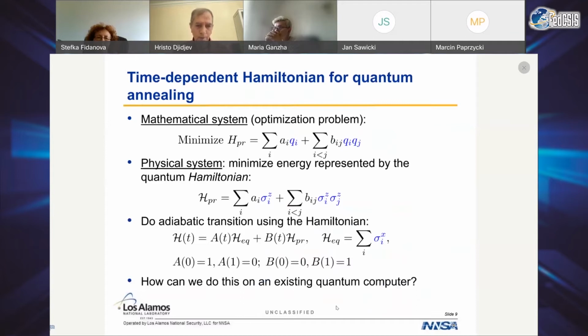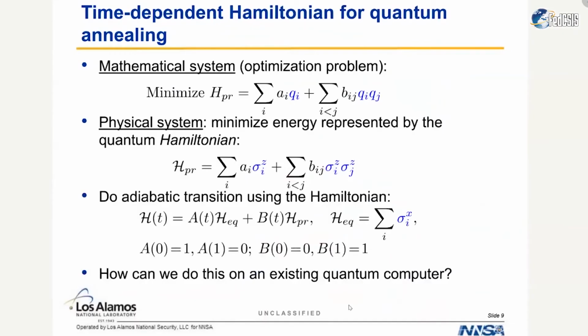Okay, so first we start with some mathematical problem, and the mathematical problem that we can solve using quantum annealing is a quadratic type of optimization problem. And we'll see that this is actually general enough, okay?